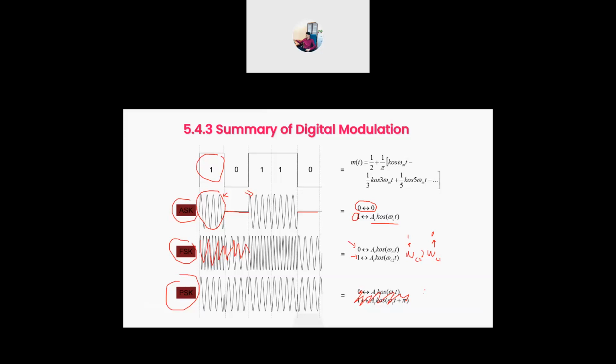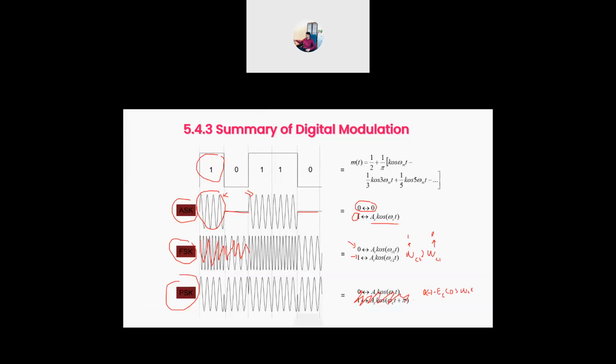If 0, it will be negative EC cos omega CT.